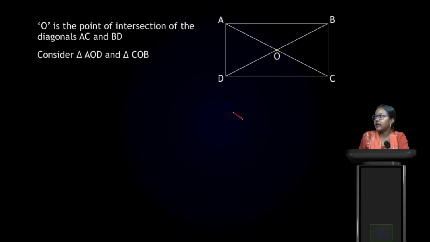Now, if we consider two triangles, one triangle is triangle AOD, this one. Another triangle is triangle COB, this one. These are the two triangles, okay. Here you can see one triangle AOD, another one is COB.